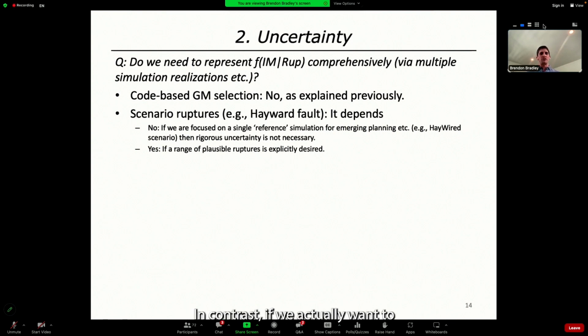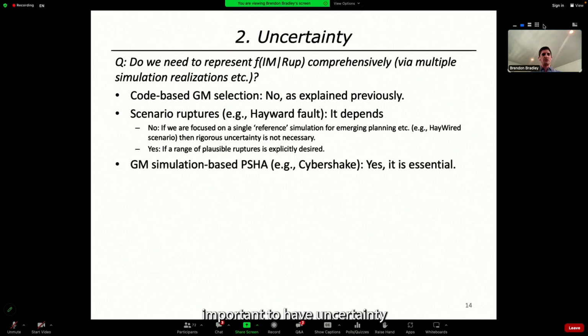In contrast, if we actually want to perform seismic risk calculations for future Hayward scenarios, then clearly it would be desirable to have a range of plausible ruptures, and therefore it would be important to have uncertainty. For seismic hazard analysis, making use of ground motion prediction with simulations, the answer is yes, it's really essential, and I would say that's the holy grail of where we need to get to with simulations: not just doing a good job predicting mean/median ground motion amplitudes, but also representing the uncertainty appropriately.